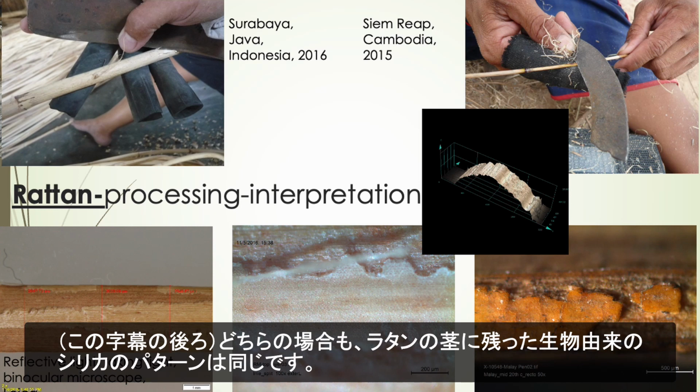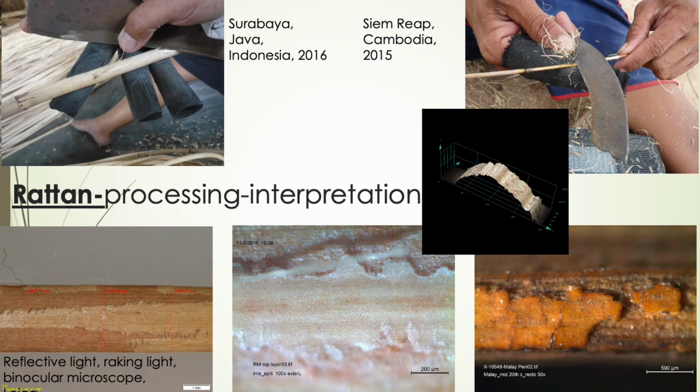So, looking closely under a microscope at the surface, which you can see at the bottom left and center, treatment with a knife and removal of that surface left a very characteristic pattern. It's almost like ragged-shaped edges of whatever was left on the stem.